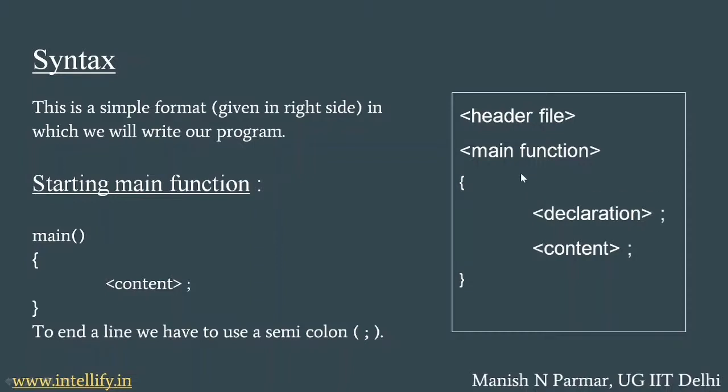The main function is the part in which we write the main program of our whole program. In the declaration part I declare the variables I need for my main function, and inside the content part I write my statements, like if I want to print a message then I will use a print statement.